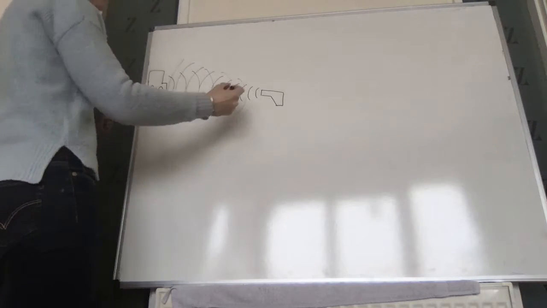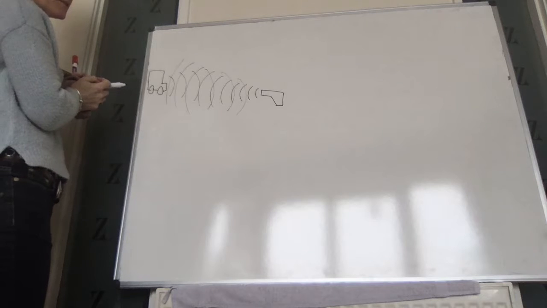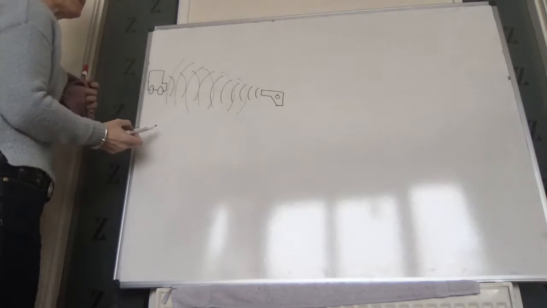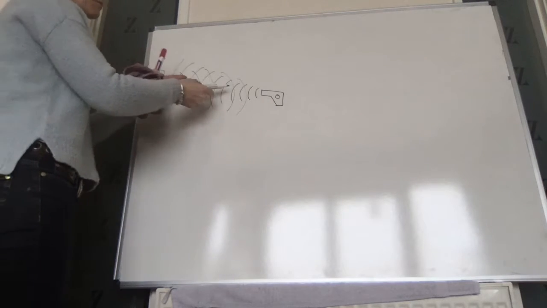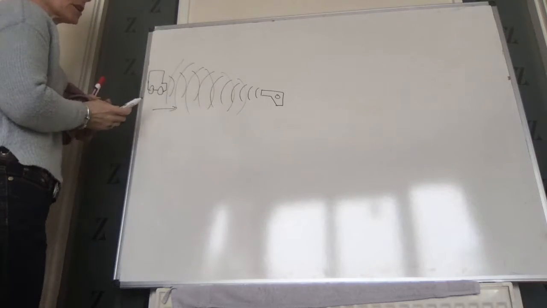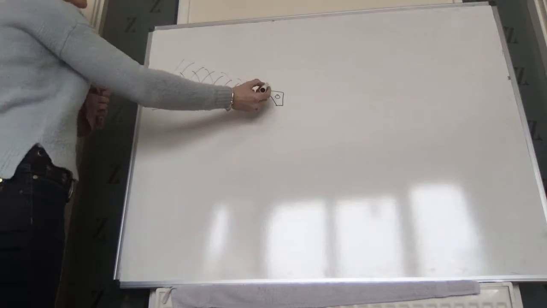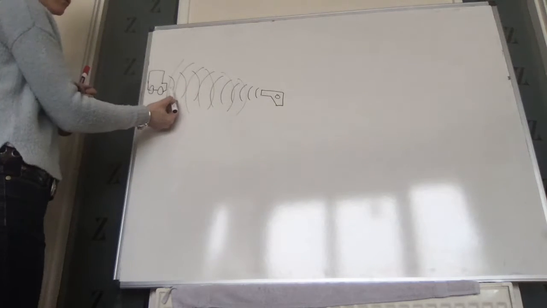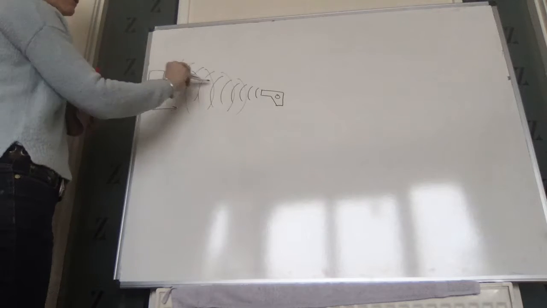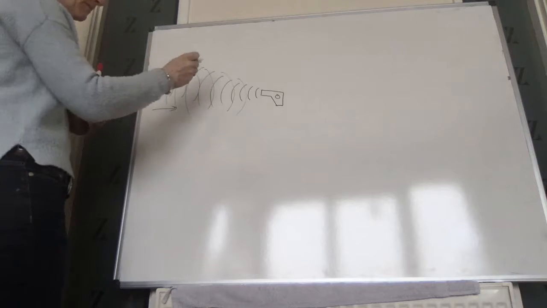Now, because the car is moving towards the observer, being the speed gun, those waves will get bunched up as the car moves towards it. So there will be a change in frequency between the frequency of the microwave that was emitted, and the frequency of the microwave that is detected back in the echo.